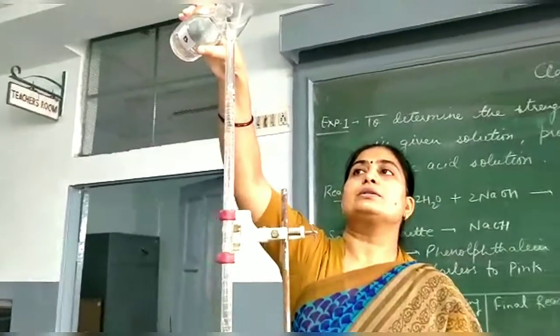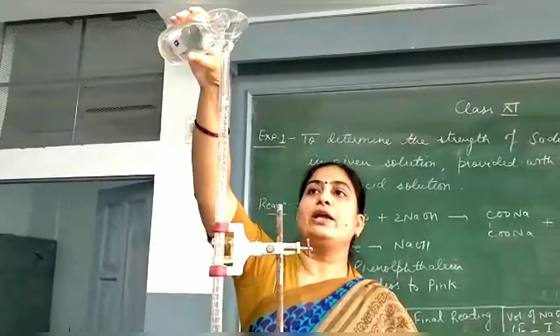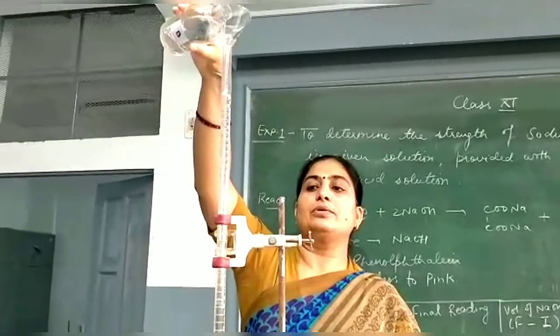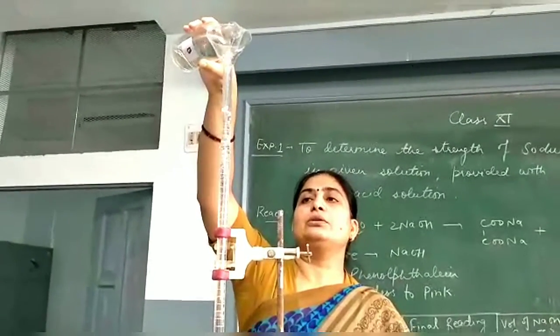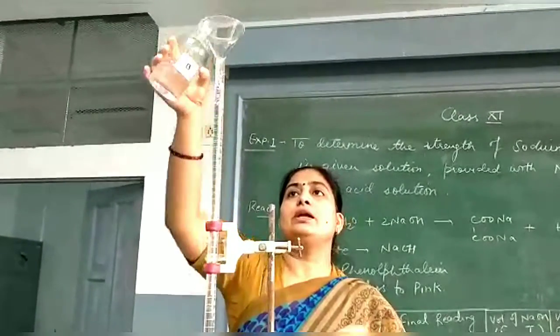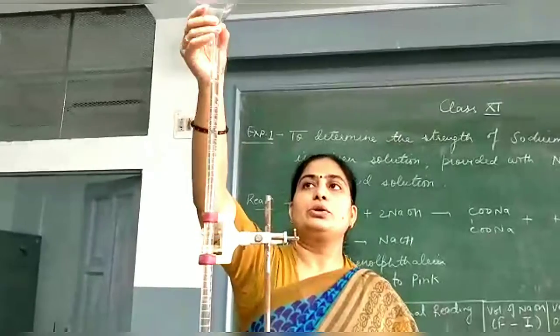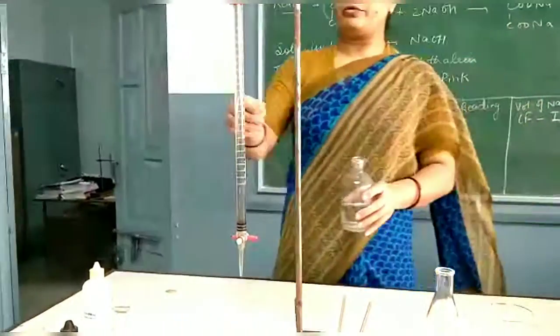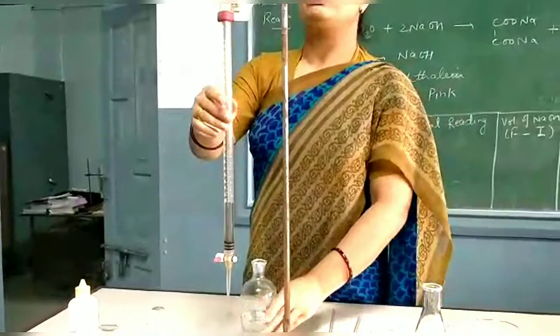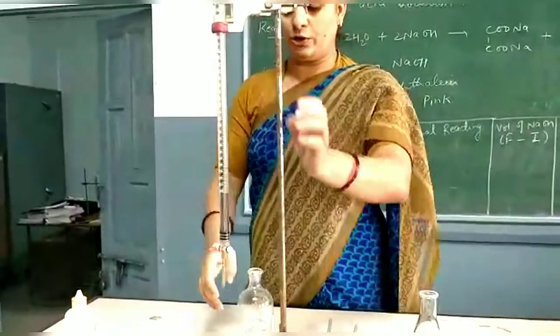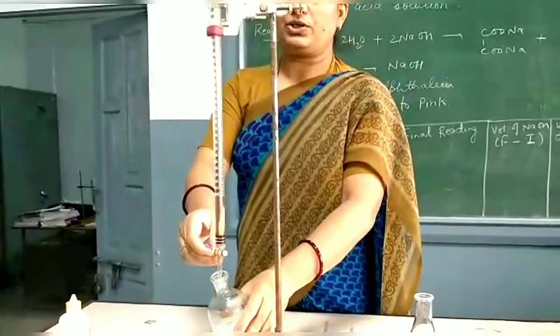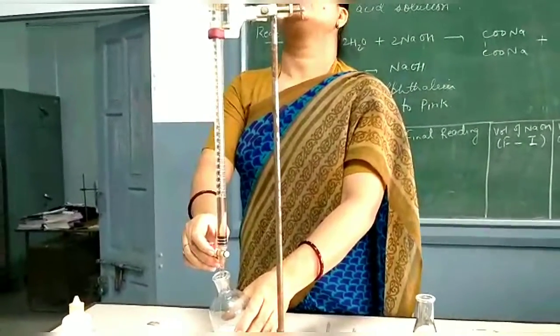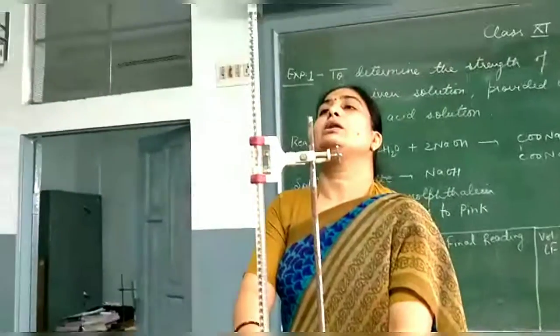The burette has a capacity of 50 ml. So we need to fill the solution using this funnel, and once we fill, we need to remove the funnel and make the volume up to 50 ml, by removing the extra NaOH, make it 50 ml.